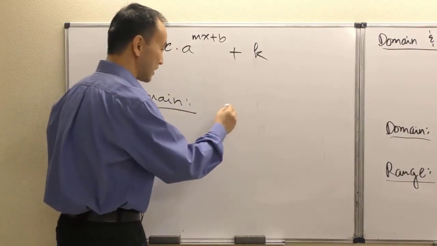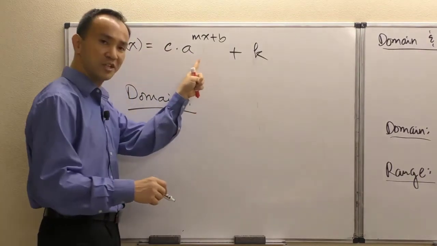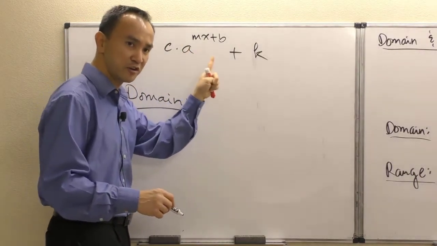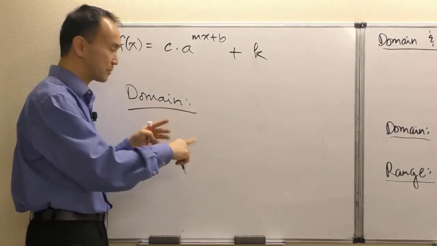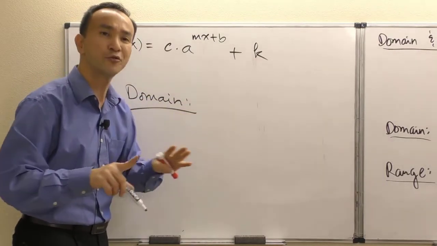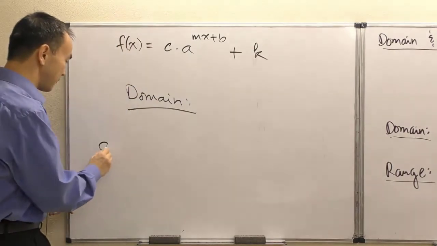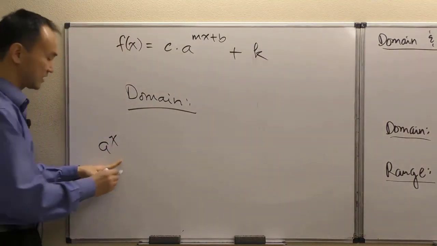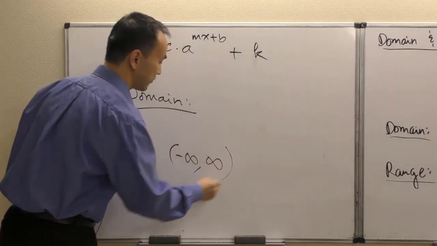It's my style of teaching that, for the most general form of an exponential function, I want my students to build their own experience to find the domain. There's not really a hard rule anymore. What I wrote earlier was specifically for the simple one, a to the x, where the domain is clear: anywhere between negative infinity and infinity.